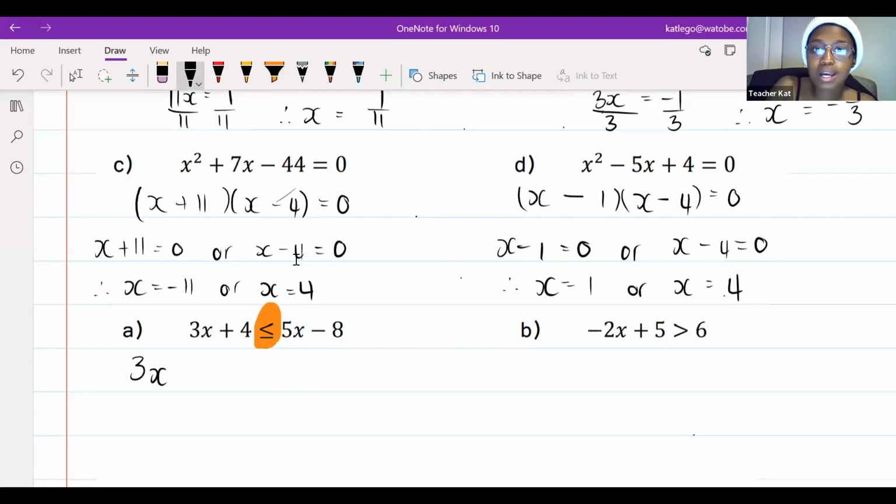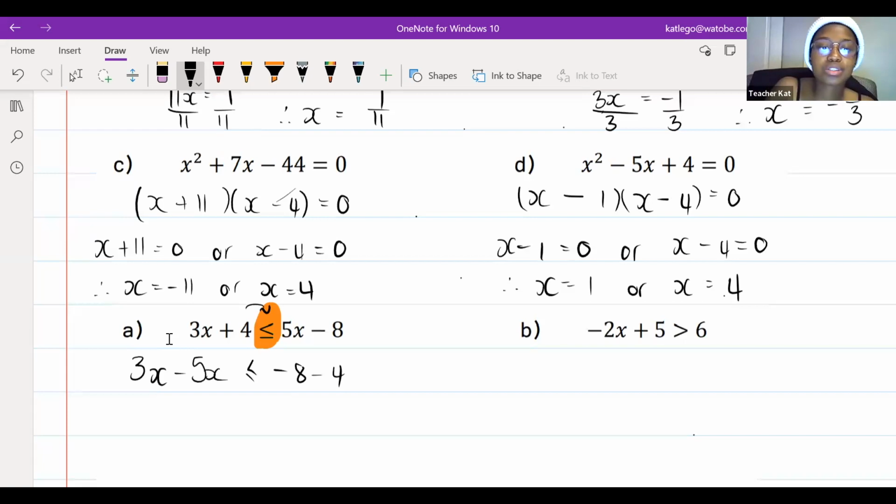And when 5x goes over, it becomes what? Yes, we are transposing up here. So 5x will be negative. This will be negative 5x is less than or equal to negative 8 minus 4, because we are transposing the positive 4 over.